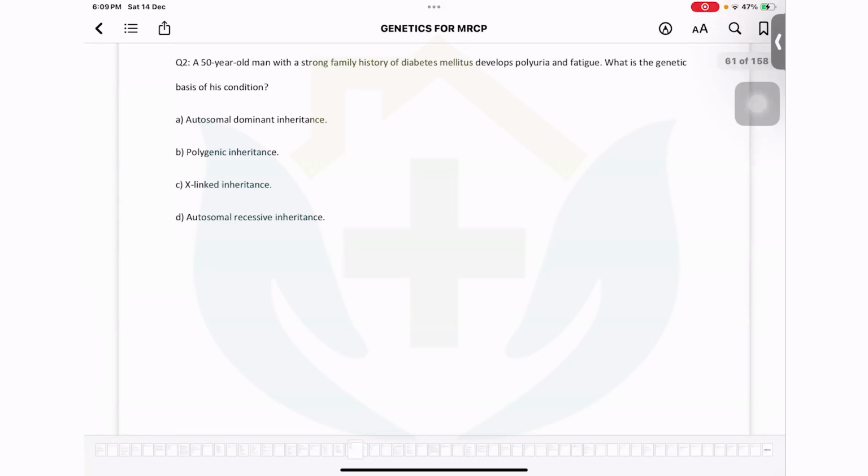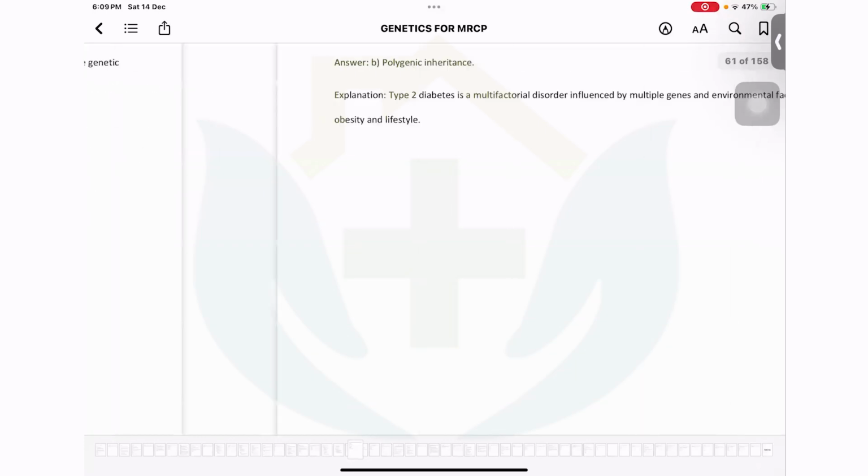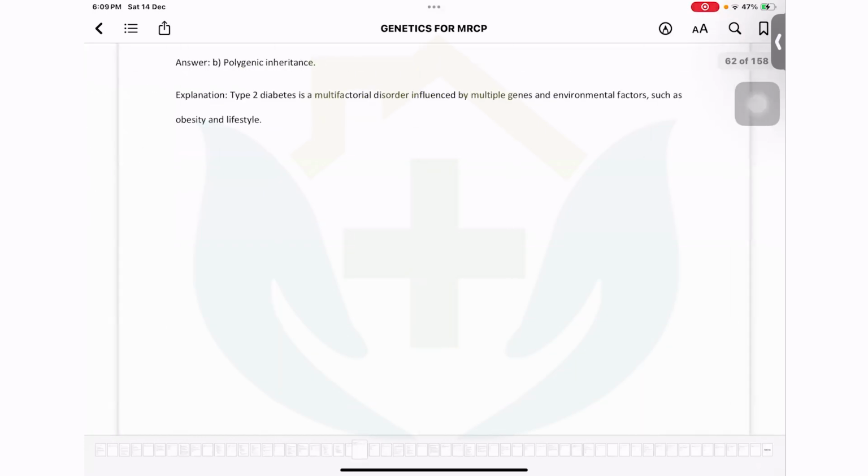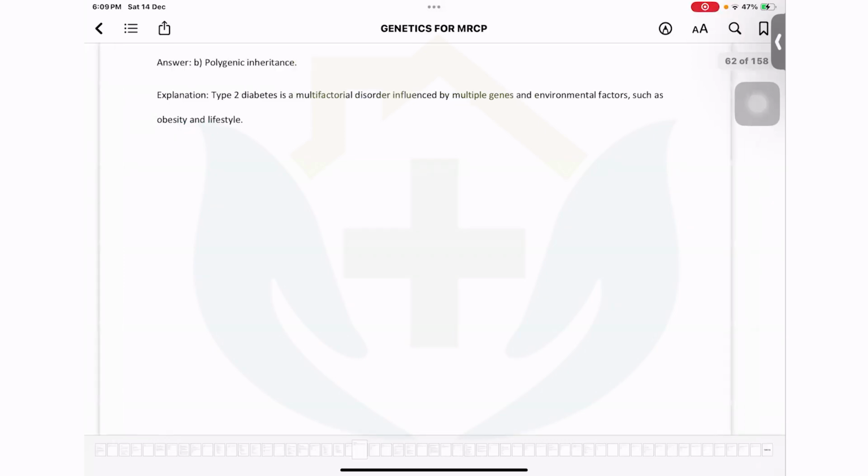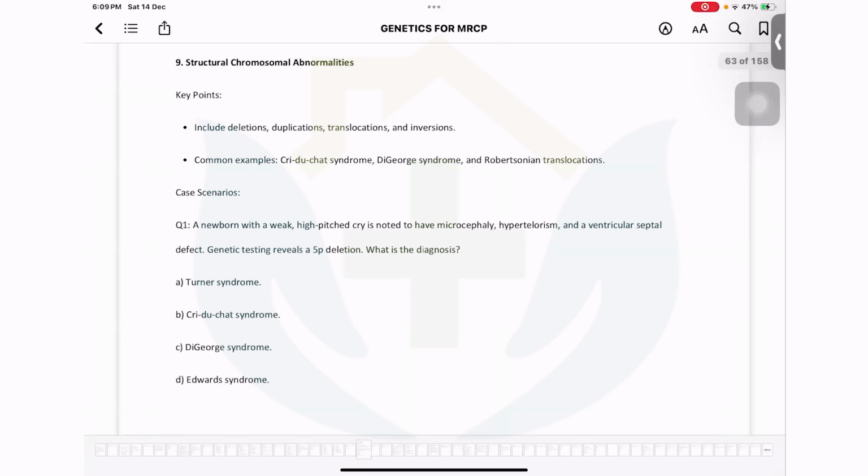Autosomal dominant inheritance, polygenic inheritance, X-linked inheritance, or autosomal recessive inheritance? The answer is polygenic inheritance. Type 2 diabetes mellitus is a multifactorial disorder caused by multiple genes combined with environmental factors like obesity and lifestyle.